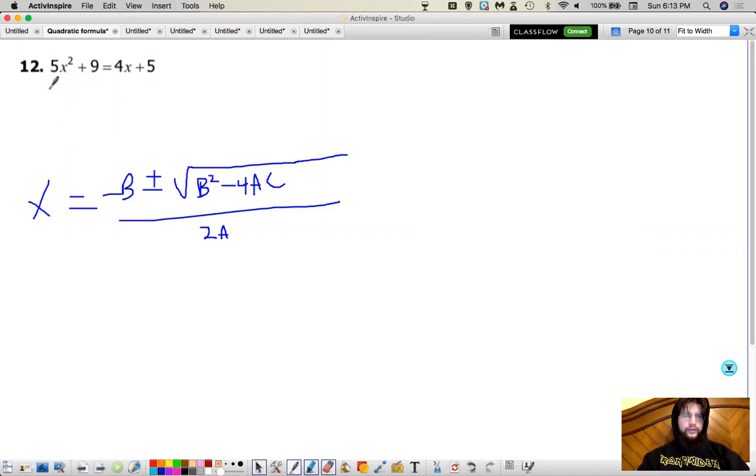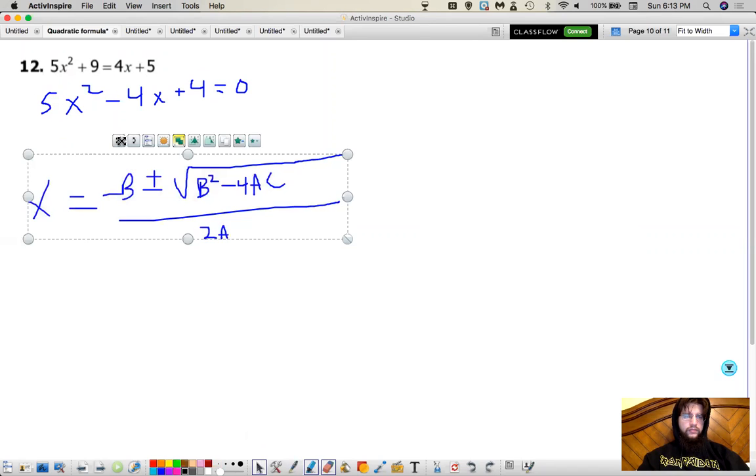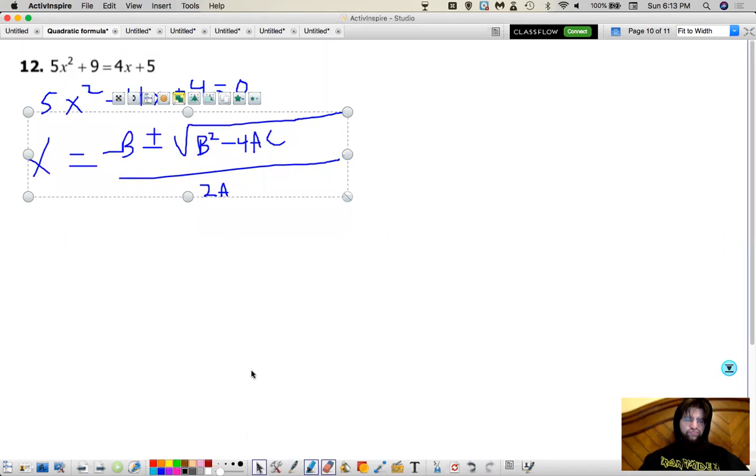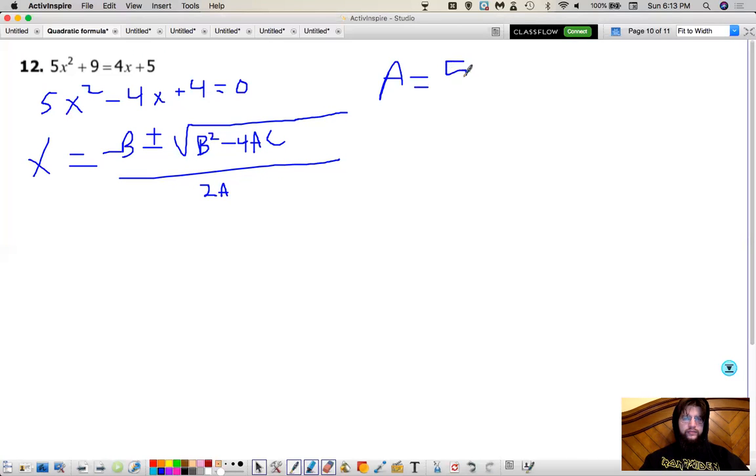So, quadratic formula. Get it in standard form. A is 5. B is -4. C is 4.